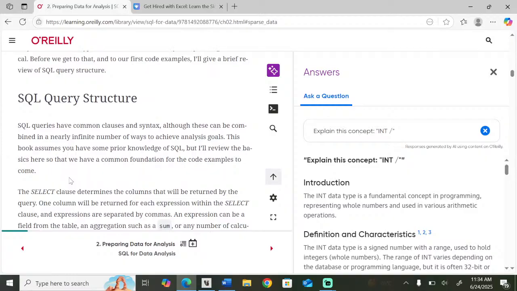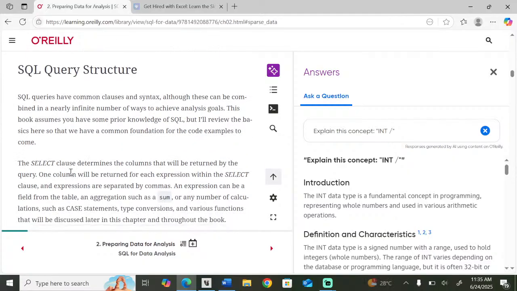We finished Excel, we finished SQL. Based on my understanding, you have a small knowledge about SQL, right? That's what it says in this book. So I think we are in a good condition here, right?